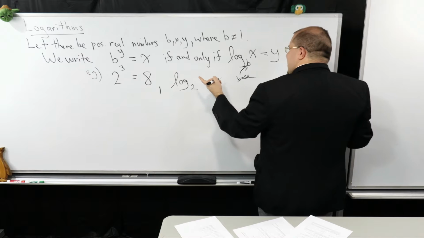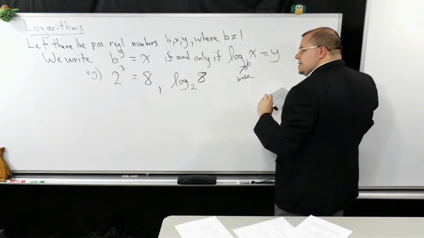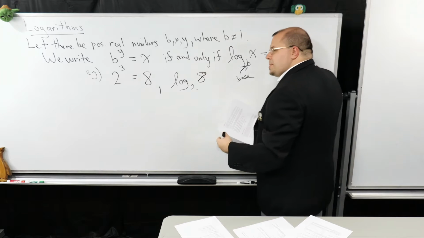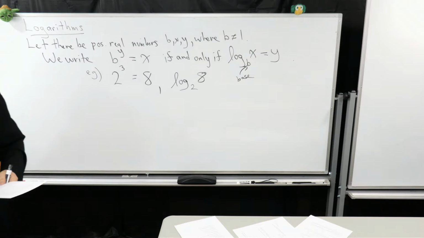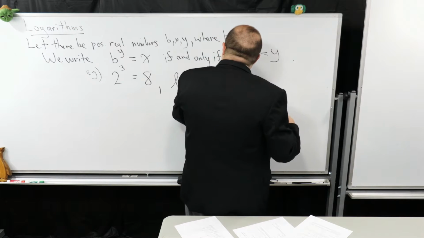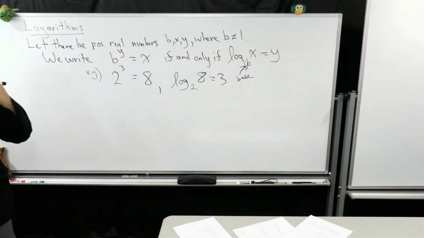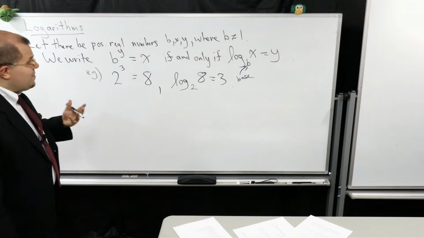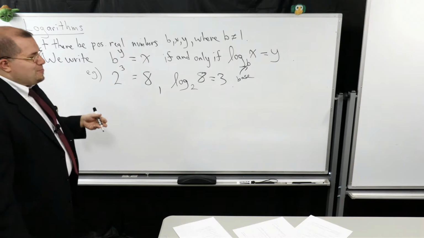And what's x? x is the result here. Log base 2 of 8. Well, think about it. Remember, what is the exponent I raised 2 to get 8? It's 3, right? Notice that it's really not that tough. At first, it's a little strange when you look at it because I'm not used to thinking about things backwards like that. It's because it's an inverse operation.